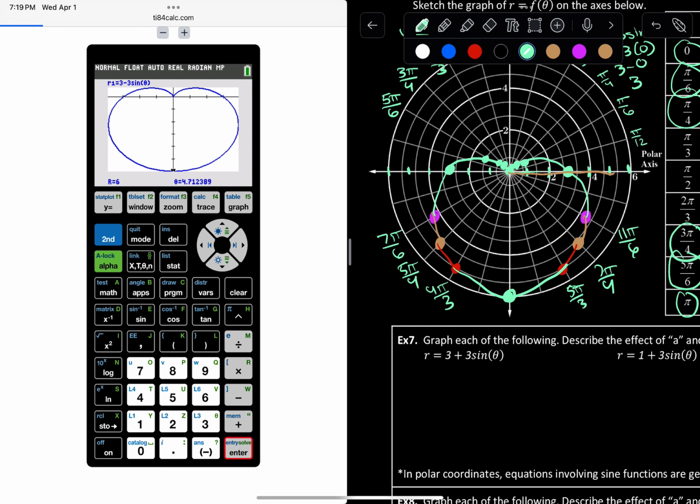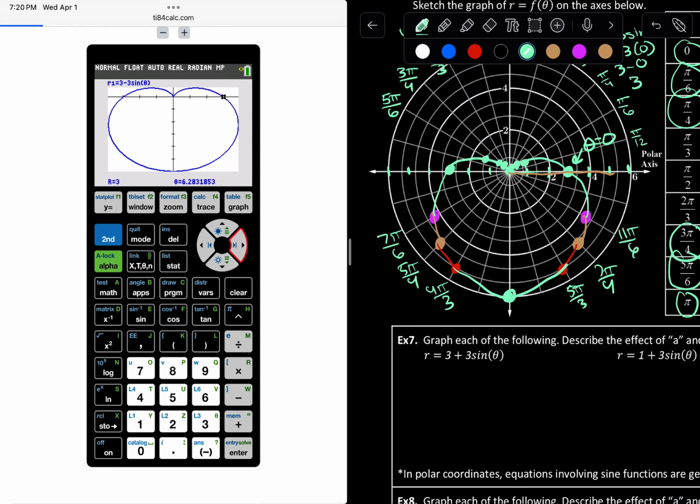All right, so if I start back at 0, enter, this shows me where I started. I started here. This is where theta is equal to 0. And if I hit the right arrow, it's going to trace around this shape. All right, this is called the orientation, right? And all polar graphs have orientation. In Cartesian, we just read left to right.